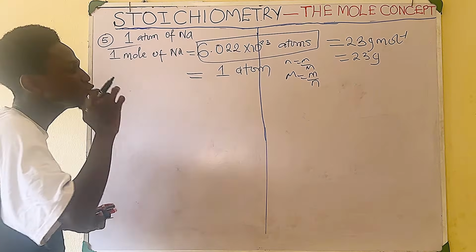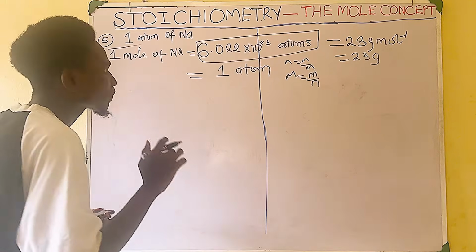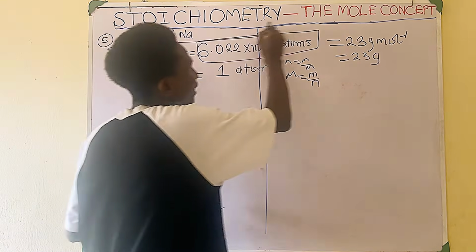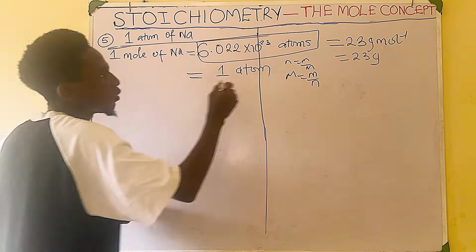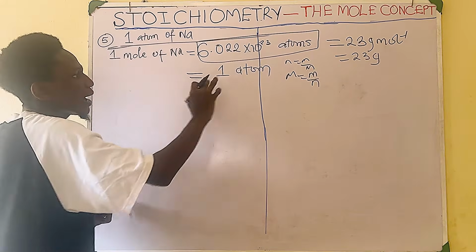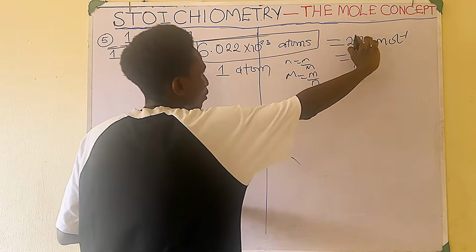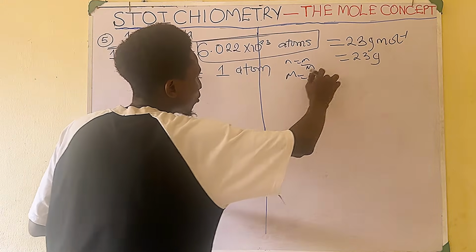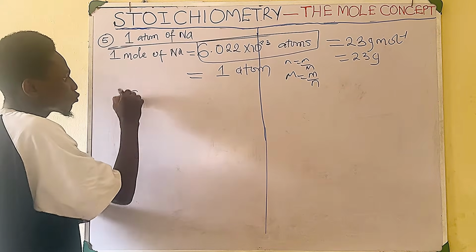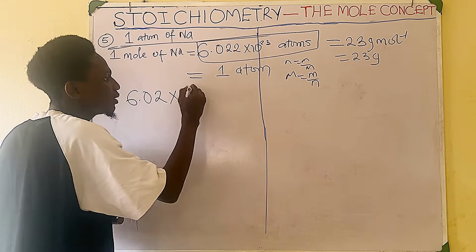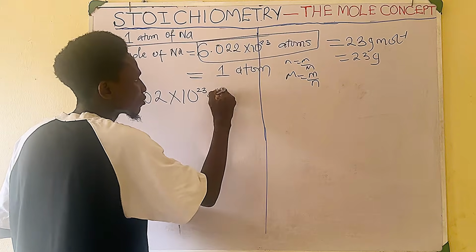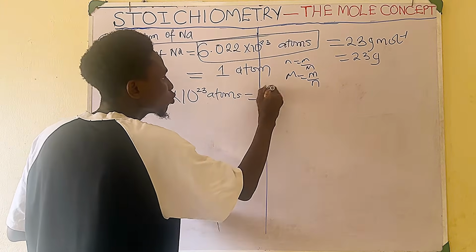So it means that when they say you look for mass, why am I doing this relationship now? If you know this one, it's very easy to relate, because when you have two quantities, you can relate them. So I have 6.02 times 10 raised to the power 23 atoms equals 23 grams.